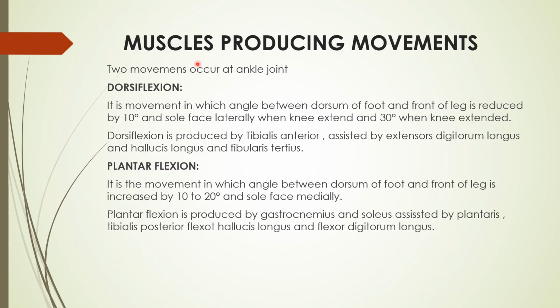Two movements occur at the ankle joint, or talocrural joint. Dorsiflexion is the movement in which the angle between the dorsum of the foot and the front of the leg is reduced, by 10 degrees when the knee is extended and 30 degrees when the knee is flexed, and the sole faces laterally. Dorsiflexion is produced by tibialis anterior, assisted by extensor digitorum longus, extensor hallucis longus and fibularis tertius.